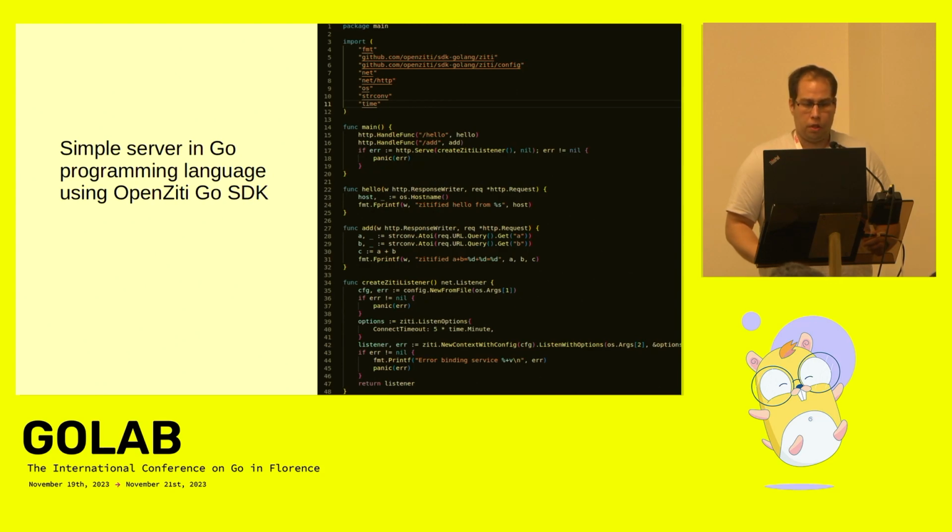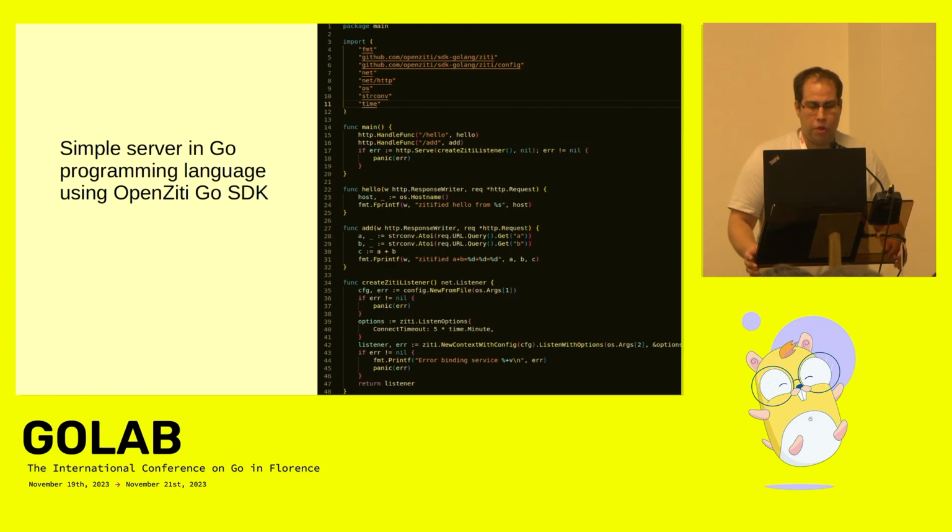This is a simple server in Go, basically almost the same as what you saw before, but using the OpenZiti Go SDK. You can see the implementation on lines 5 and 6 for the OpenZiti SDK Golang. You see that ListenAndServe on line 17 is replaced by CreateZitiListener. What is CreateZitiListener?